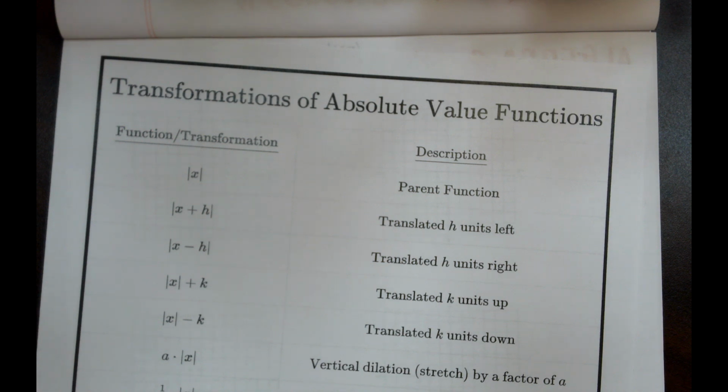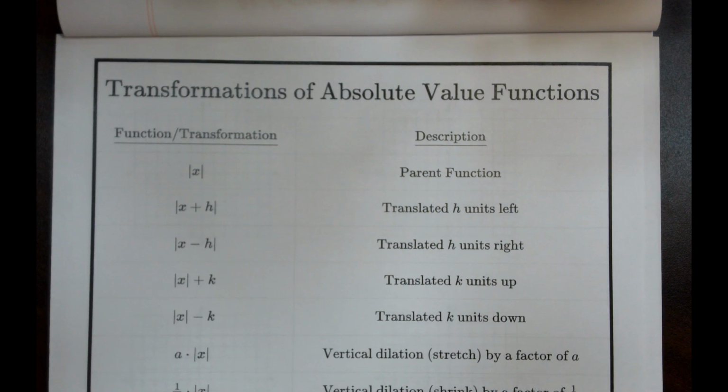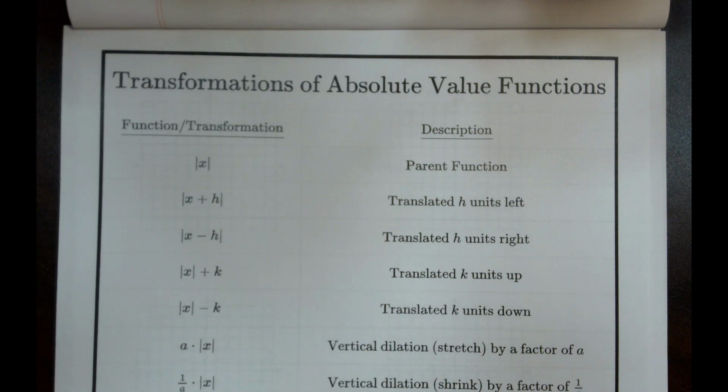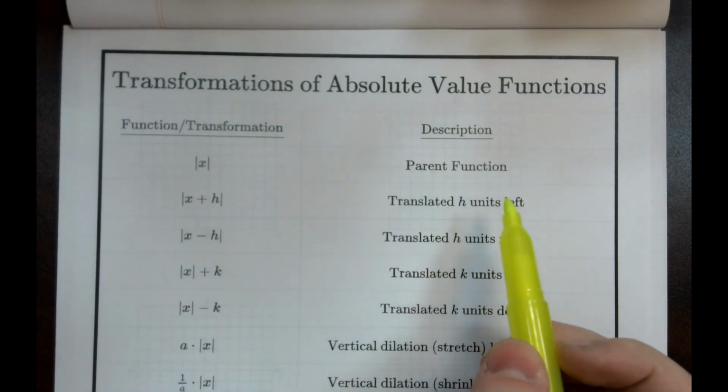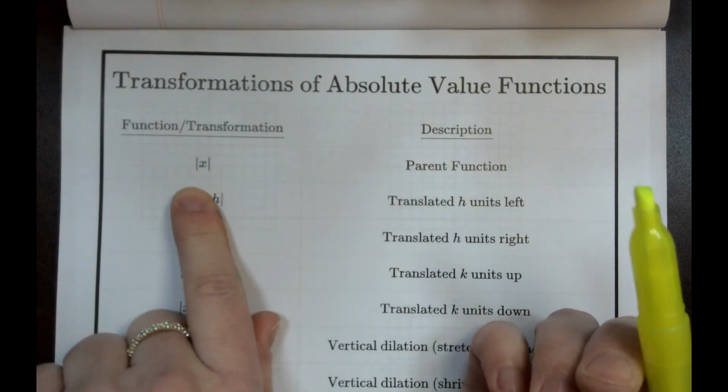So let's start by creating a little guide, and we're going to highlight the ones that we are going to be quizzing over. Some of these are good to know, but we're not going to use all of them for this unit. So we have here the first thing written is called the parent function. It is the absolute value of x.